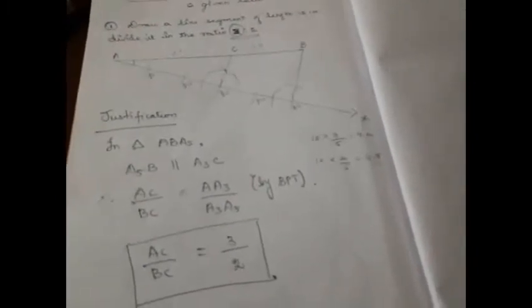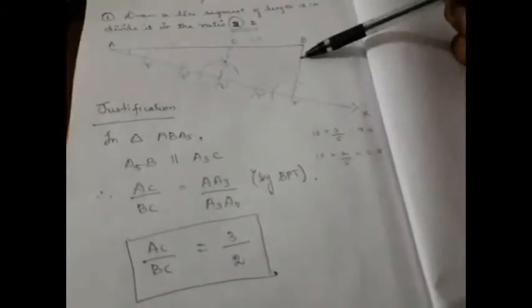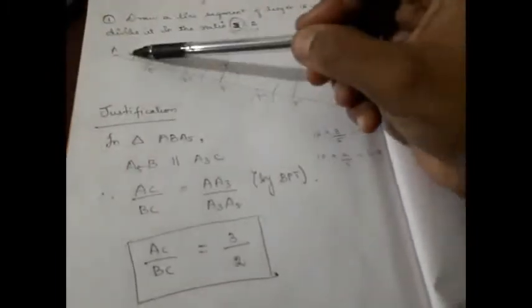Alright. Hope you understood how to divide a line segment in the given ratio. And now you can give the steps of construction. How will you write your steps of construction? First, draw a line segment AB of 12 centimeter. Then draw AX, making any acute angle with the line segment AB, with any convenient radius at A. Divide the ray AX into 5 equal parts.